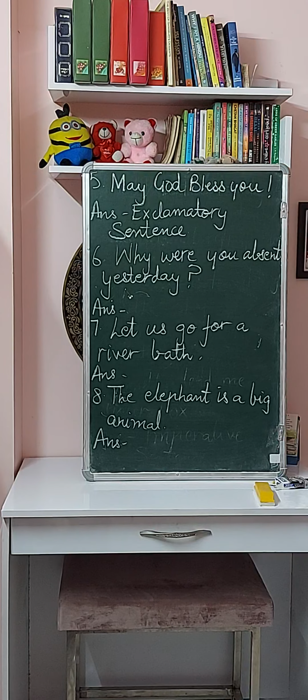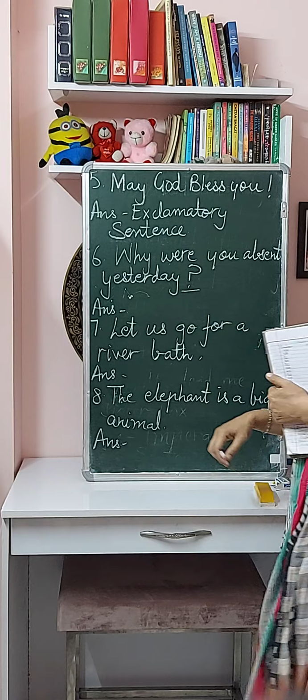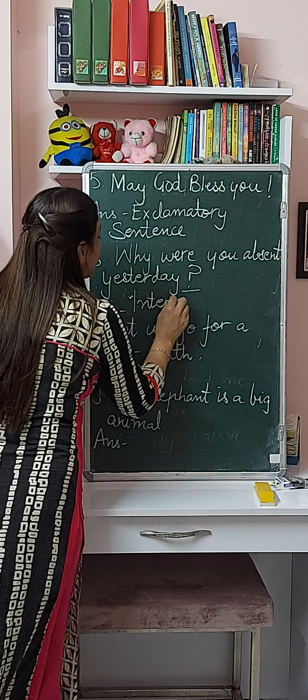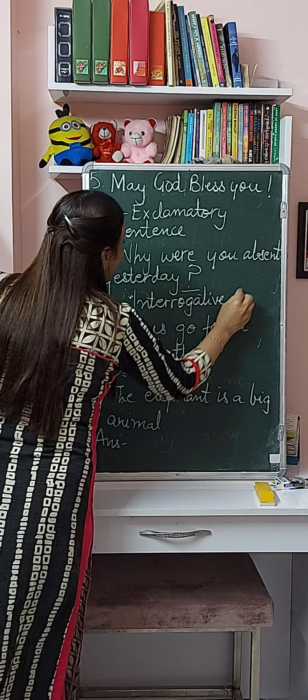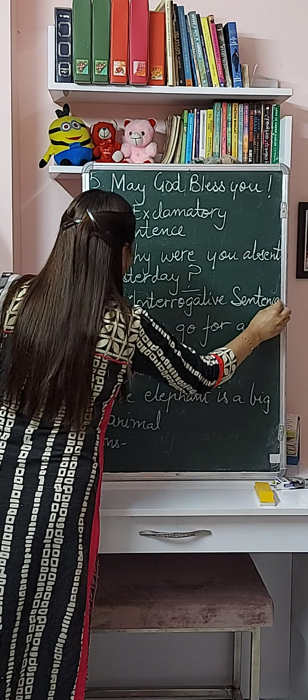The sixth one is, why were you absent yesterday? Now as you can all see, there is a question mark after the sentence. So what kind of sentence will it be? It will be an interrogative sentence.